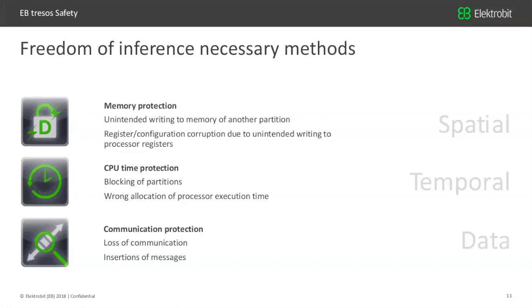And here I would like to go a little bit into our product portfolio, what we offer to implement freedom from interference within these three domains: spatial, temporal, and data.